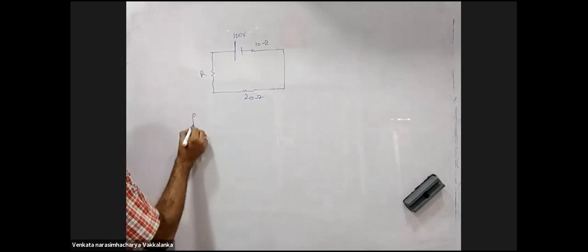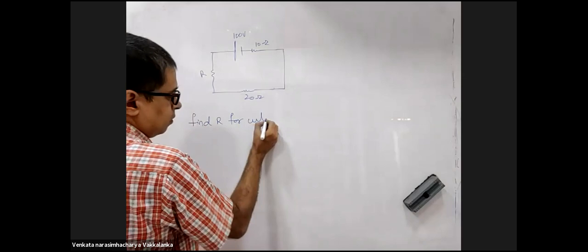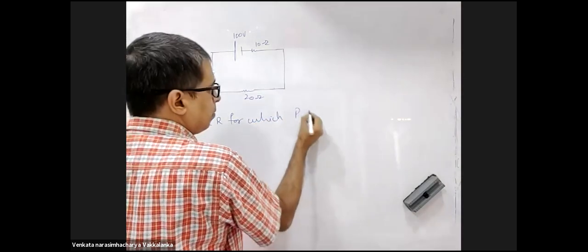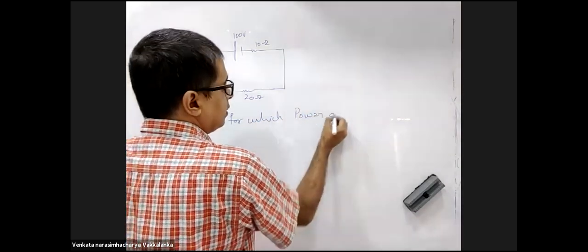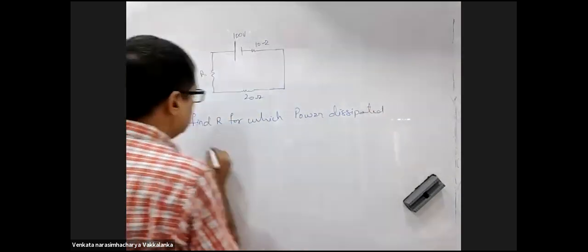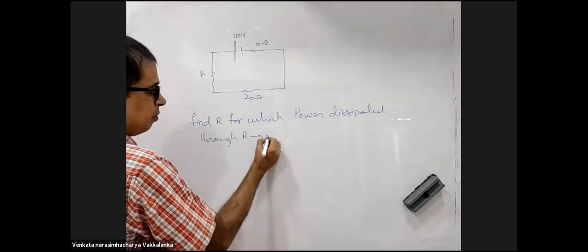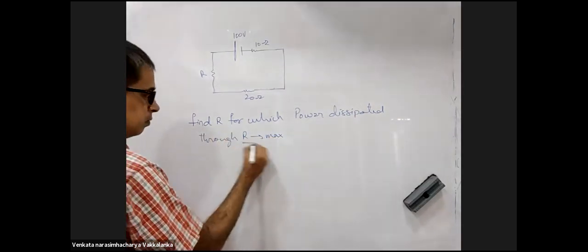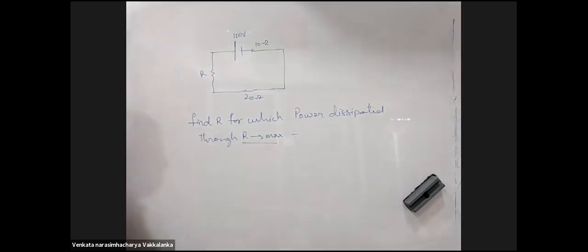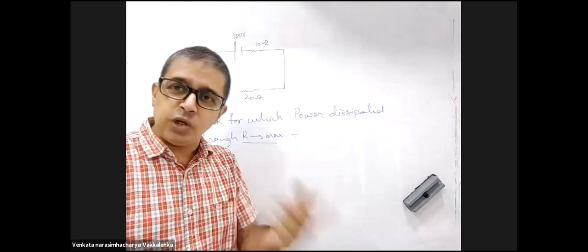If you ask me, find R for which the power dissipated through R is maximum.